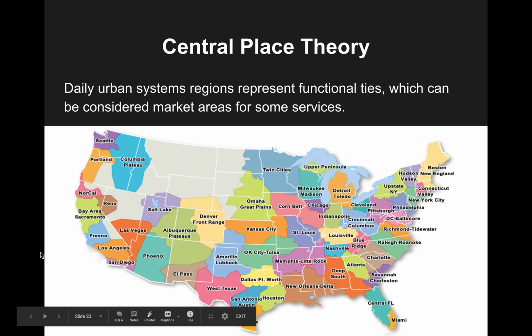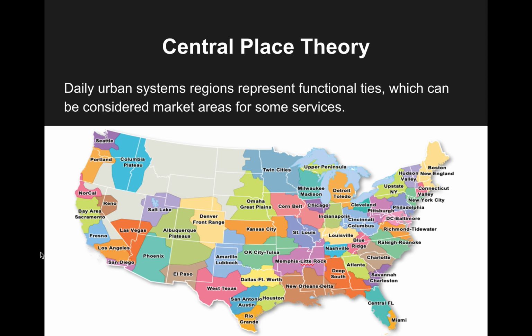We can look at daily urban systems, which represent functional ties that can be considered market areas for some services, seen in this diagram. We can see that many of these regions are interconnected with the central place theory, which we begin to see as what is formed as mega regions now.